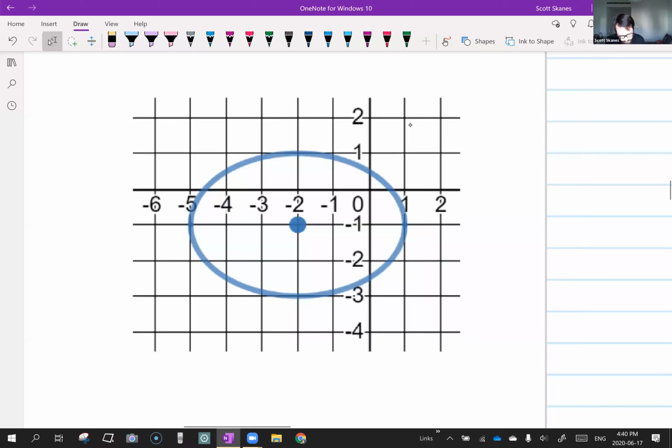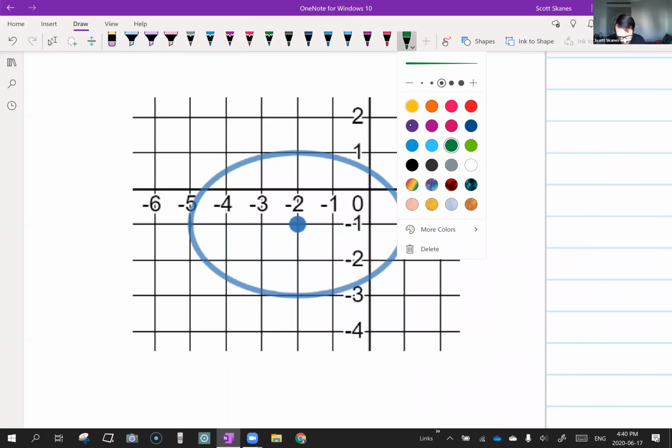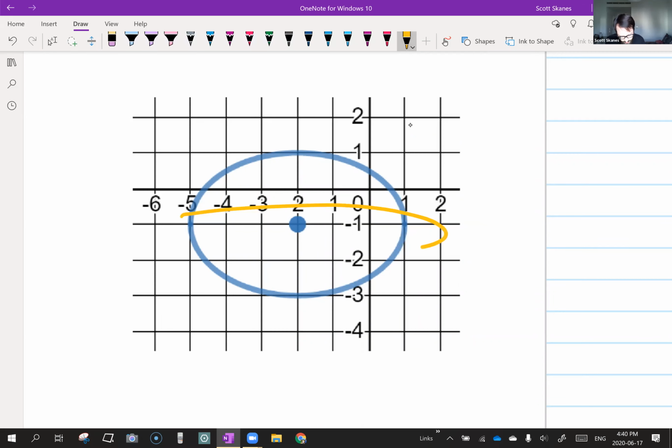So an ellipse, something you need to remember is the foci, or this is the major axis because it's the biggest axis. The foci will be somewhere in here. They're somewhere along the major axis. Let me label the shape first.